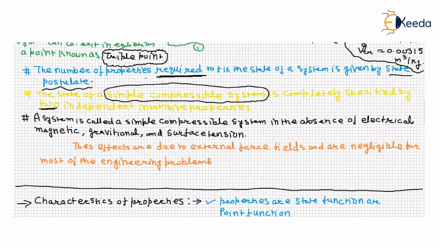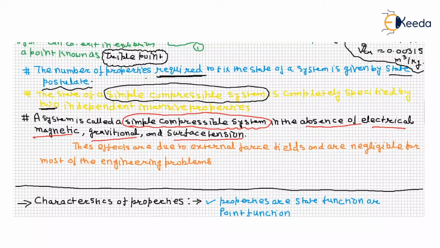There is some assumption under which a type of system is categorized as a simple compressible system: in the absence of electrical, magnetic, gravitational, and surface tension effects.